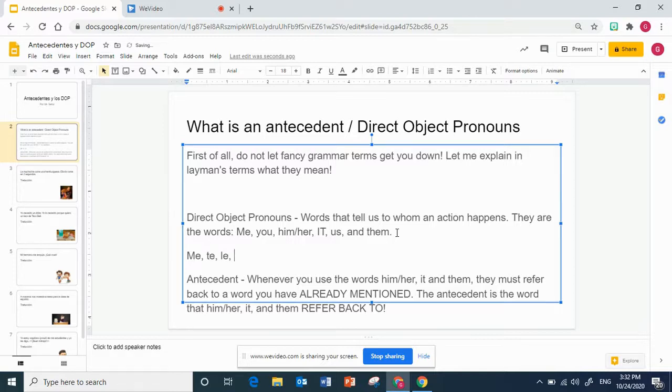And then in the notes, I introduced that a feminine it is la, feminine or masculine it is lo. Us is nos, les is for people, and los and las is them for objects.